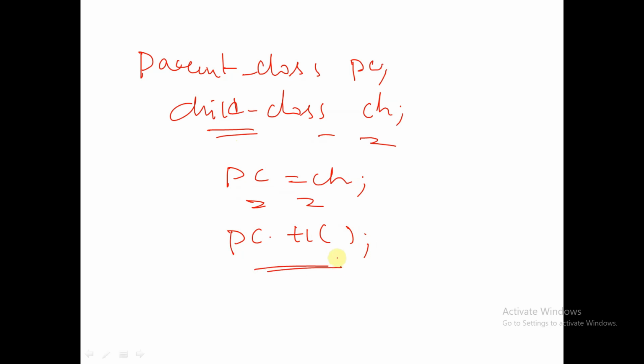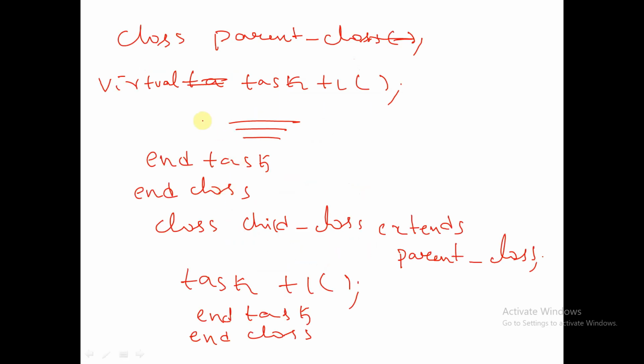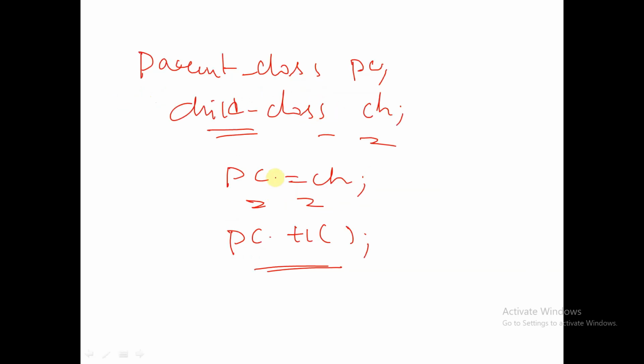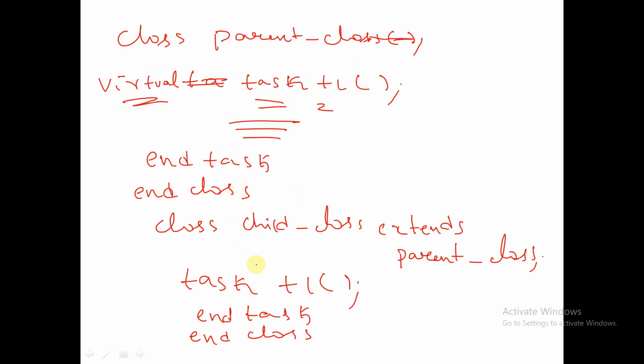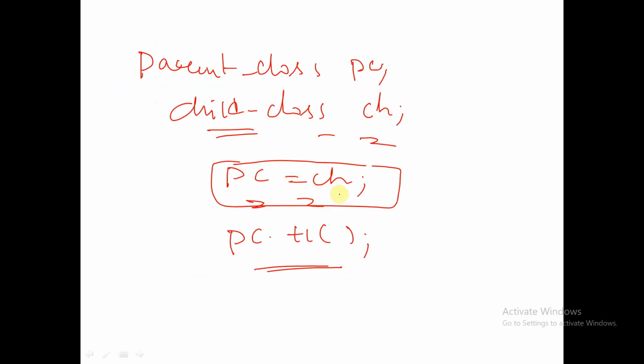Here what will happen, since I've declared the keyword virtual with the task within my parent class, and I'm making the assignment PC is equal to ch, the compiler will call the task which is declared inside my child_class.